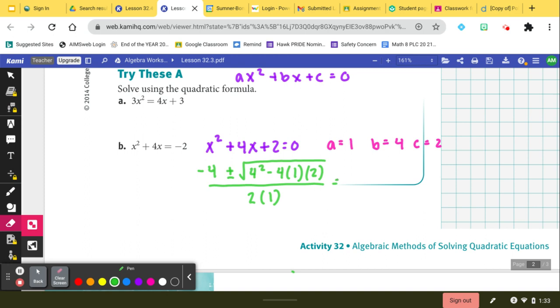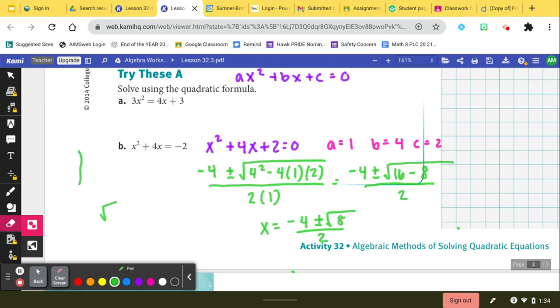So again, simplifying, negative 4 plus or minus the square root. 4 squared is 16 minus 4 times 2, which is 8, all over 2. 16 minus 8, so my solutions would be x is equal to negative 4 plus or minus the square root of 8, all of that being divided by 2, or we can separate that into negative 4 plus the square root of 8 divided by 2 and negative 4 minus the square root of 8 divided by 2. The square root of 8, on a calculator, is about 2.83.